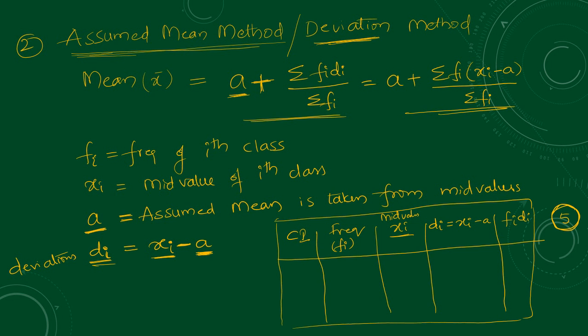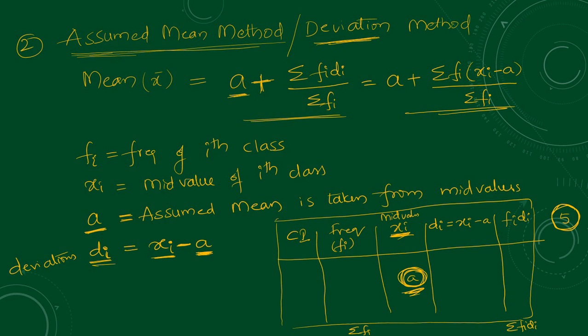In the last column you are going to get summation of Fi Di, and in the second column summation of Fi. Using these two and substituting, and A will be obtained from this Xi column. Based on A value we are going to get the answer.